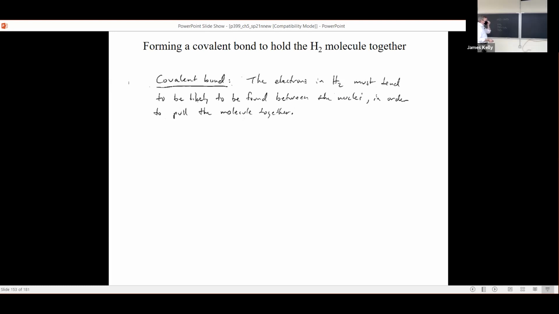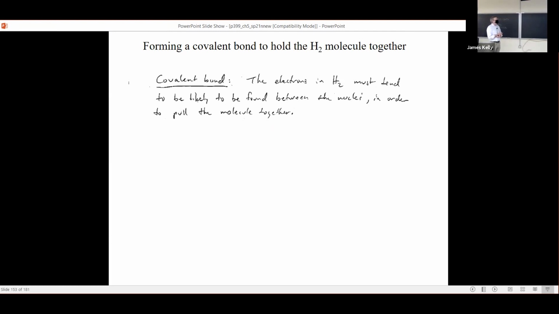This, I think, isn't in Griffiths, but he mentions it elsewhere, not in this chapter, I think. This is relevant to thinking about covalent bonding that holds the hydrogen molecule together. So here I'm not talking about the hydrogen atom, but H2, where we've got two hydrogen atoms that are going to be bonded together. And the idea is, what's holding it together is essentially an electric charge effect, right?